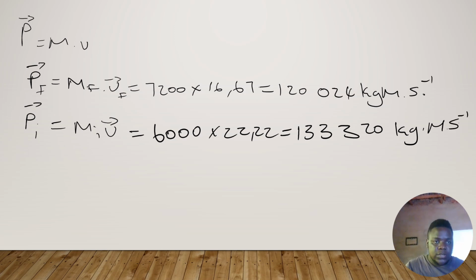Now, from that, we know that change in momentum itself is equal to momentum final minus momentum initial. The arrow represents that momentum is a vector.